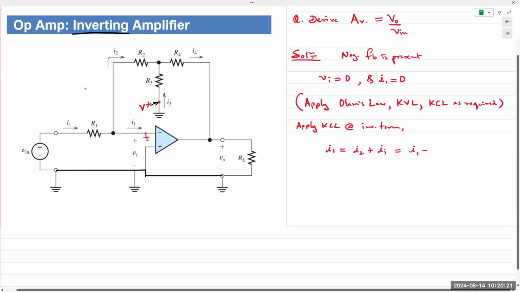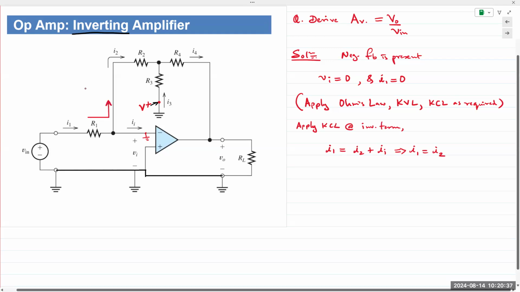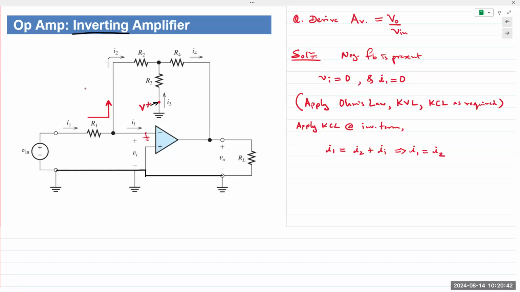So we simply get I1 is equal to I2. All of the current that's coming here is going straight up.